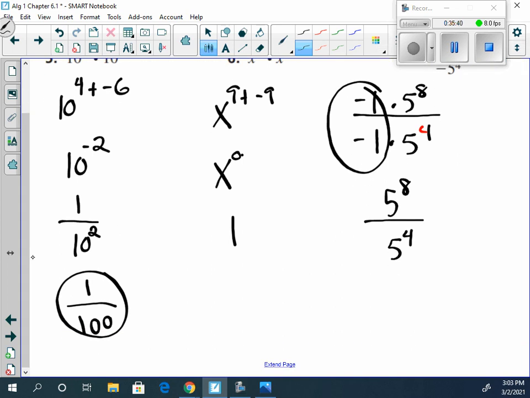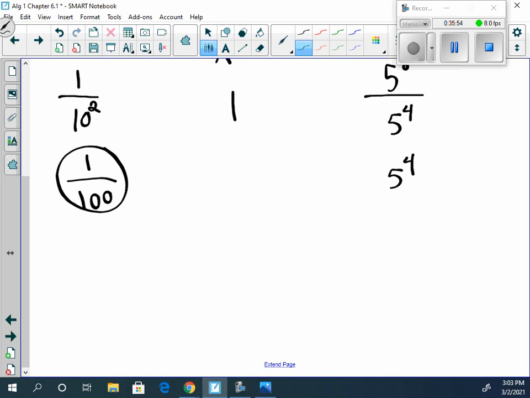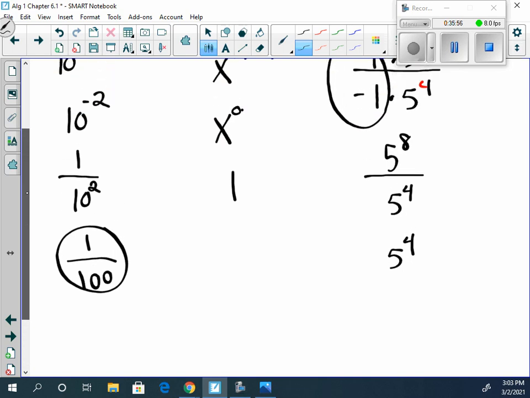So we can subtract the exponents, yes? 8 minus 4 would be? Is it bigger on top or on bottom? So we leave it on top, so it would be 5 to the 4th, which is 625 over 1, or we can just say 625, because there was nothing left on bottom of the fraction.